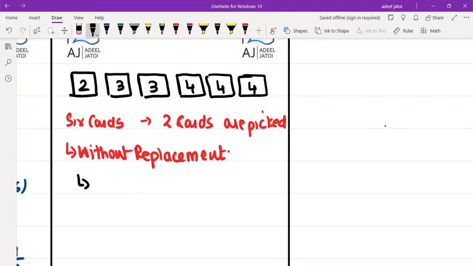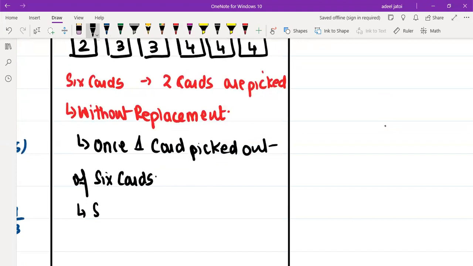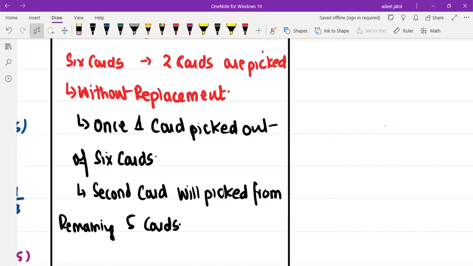That means once the first card is picked out of 6 cards, your second card will be picked from the remaining 5 cards. So that means without replacement means first event probability.